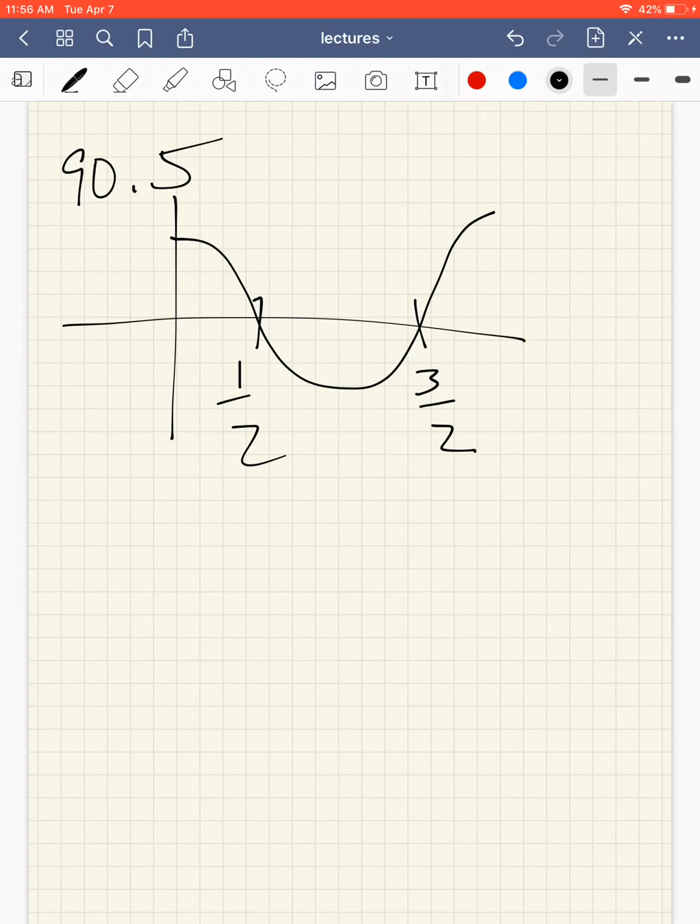So it's asking us where it moves to the left. Well, remember, when it's negative is when it moves to the left. So we're going to integrate from 1/2 to 3 halves, because that's the only part in this time equals 0 to time equals 2 that's negative.